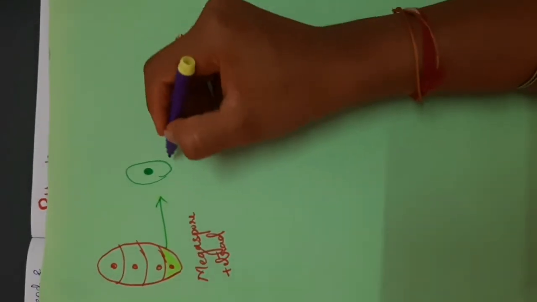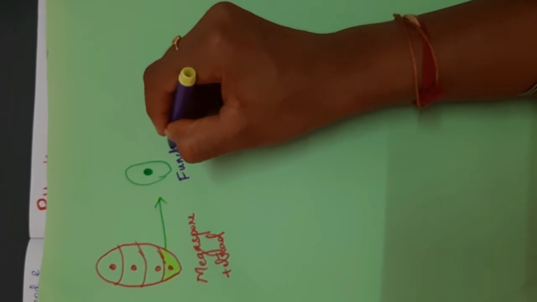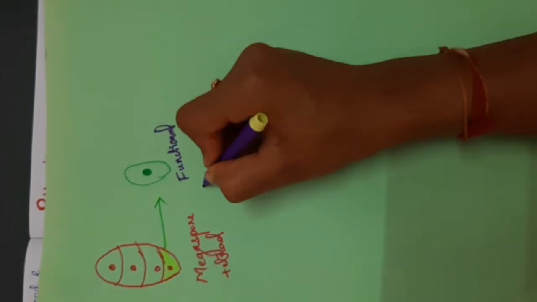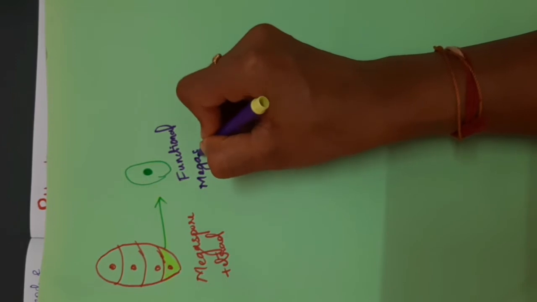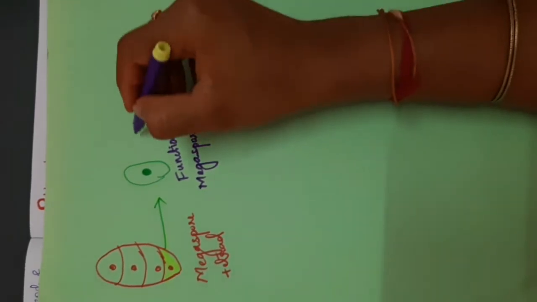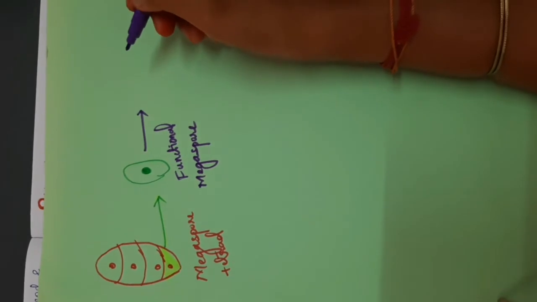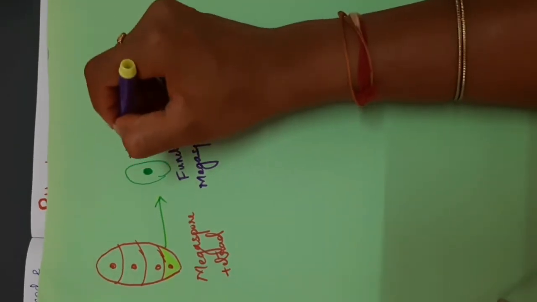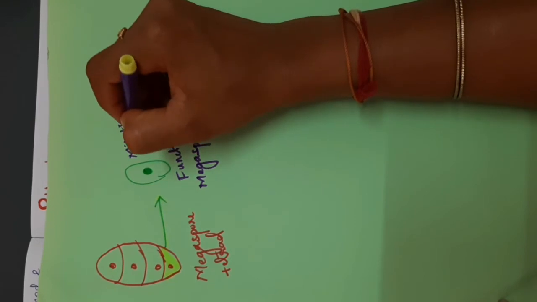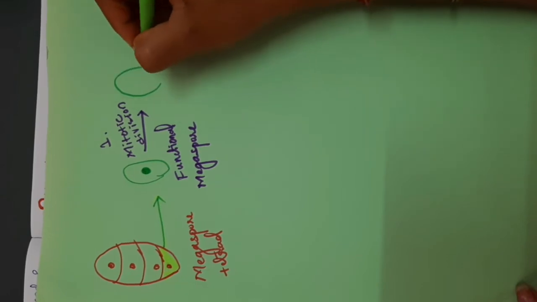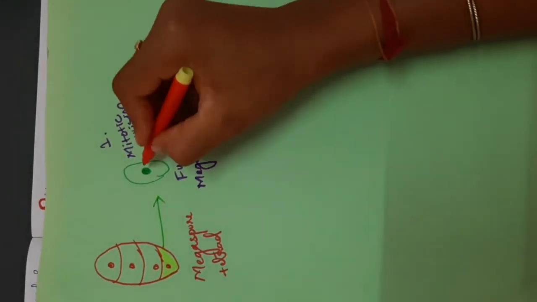That functional megaspore undergoes mitotic division, not meiotic. The first mitotic division forms 2 nuclei, one nucleus and the other nucleus.